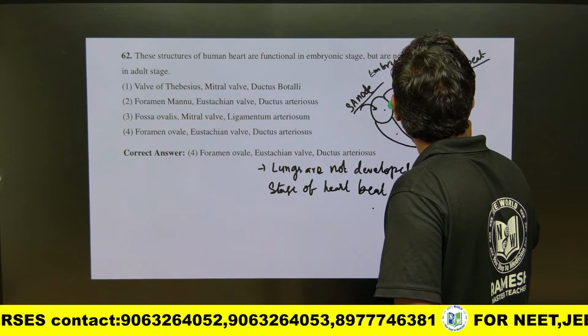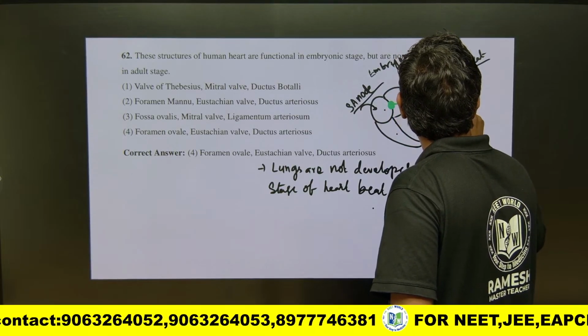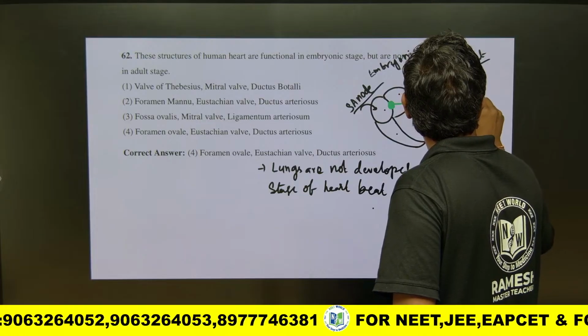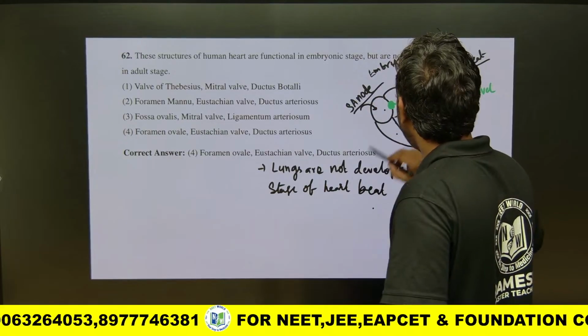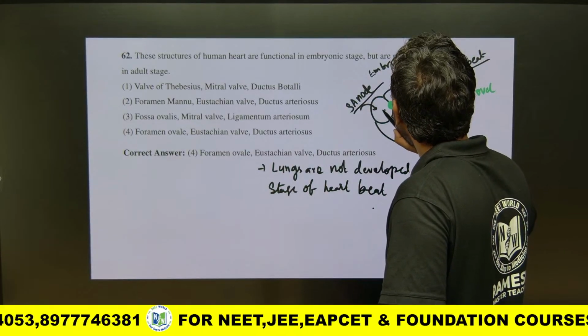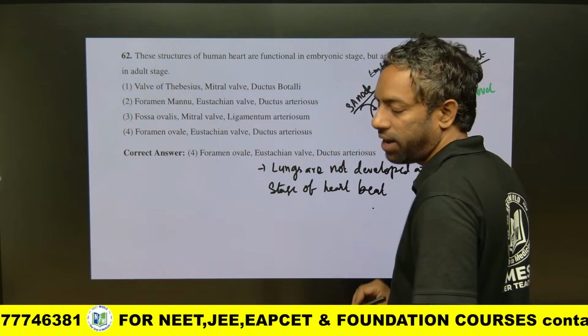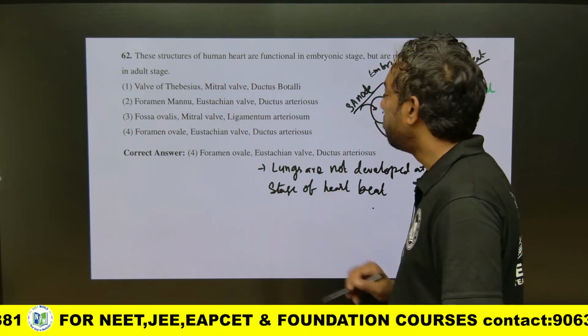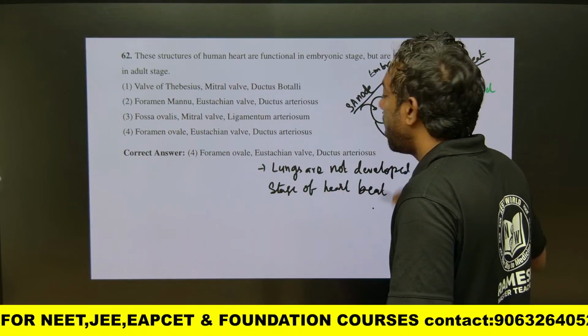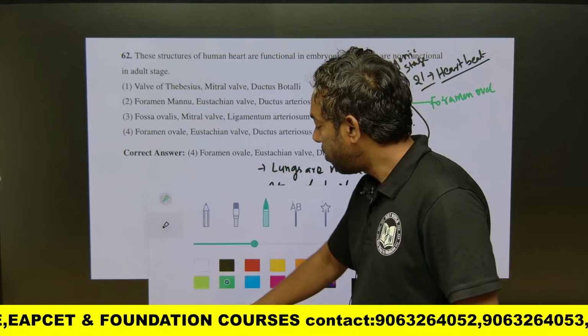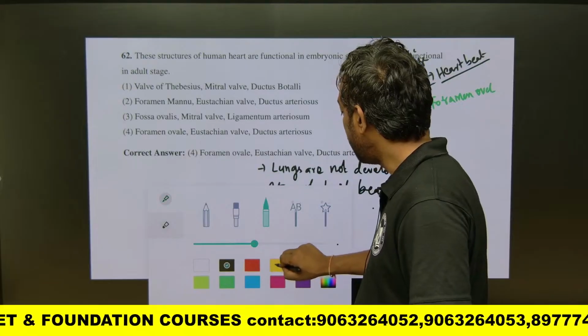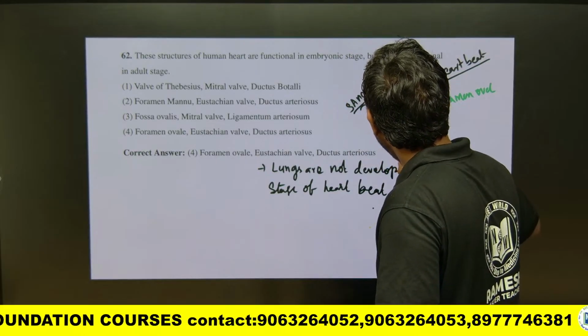This is the foramen ovale. The blood mixes between the two atria.